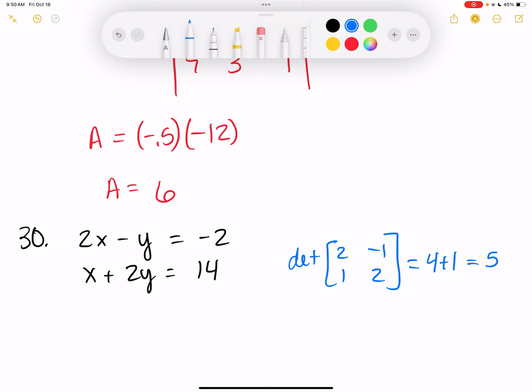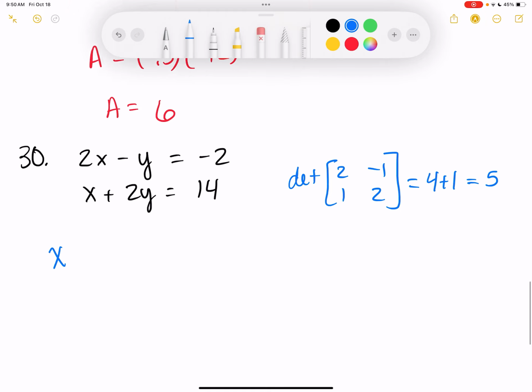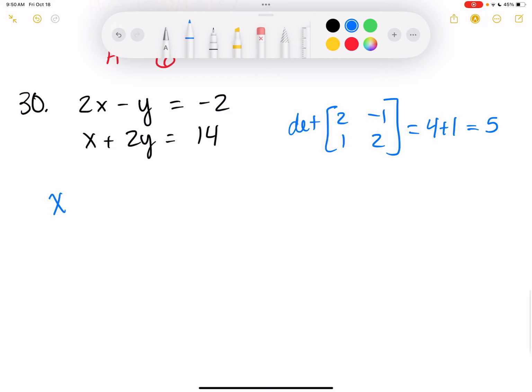So that goes in the denominator when we set this up. So when I'm solving for x, remember our answers for a thing like this would be in ordered pair, since this is a 2x2. You can also do this method for a 3x3. I don't recommend it because it's really not saving you that much time compared to the other method that we know. But it does work for that.